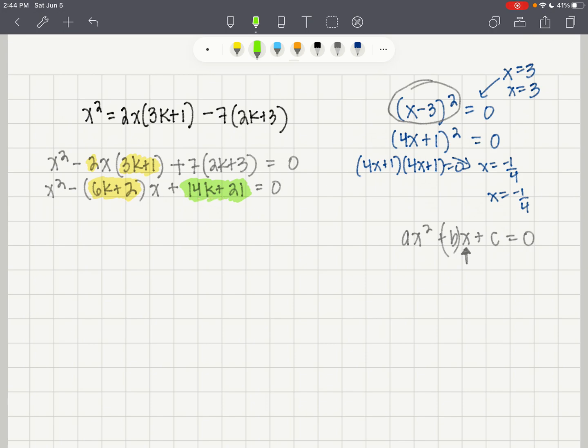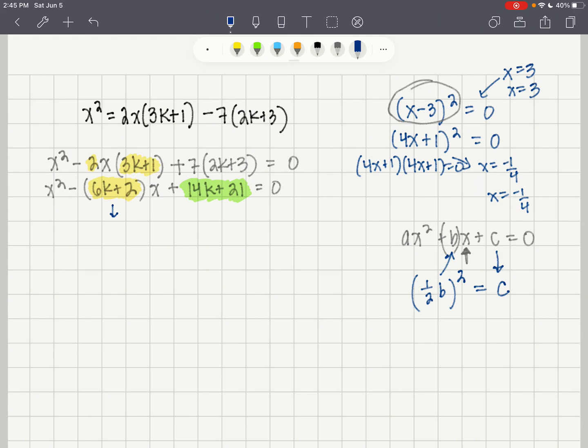Now when we complete the square, we want half of b, and then you square that, and that's going to equal your constant. That's how we complete the square. So if you go back to the videos on completing the square, that's what we're doing.